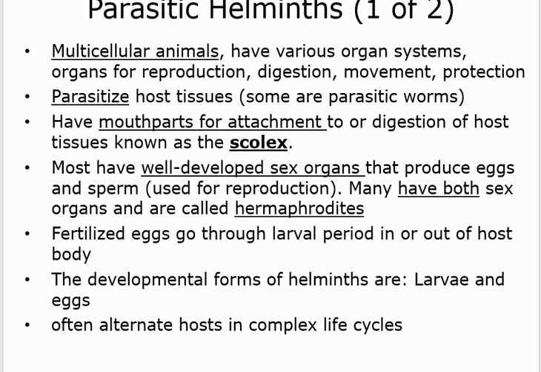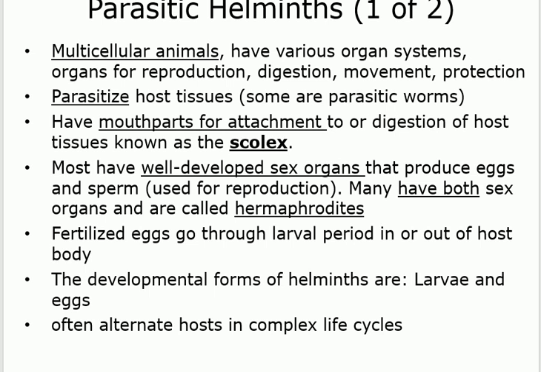When they produce the egg and the egg is fertilized, so the sperm came to the egg, it becomes fertilized. Now it will become larva. Okay? So these eggs that will become larva, this is how they get in and out of the host.